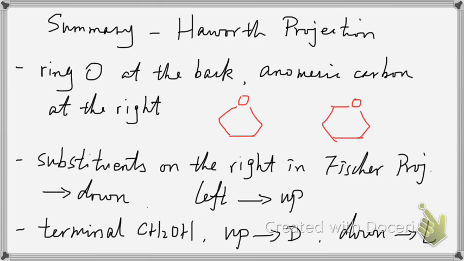So when that CH2OH is up, it tells you the sugar is a D sugar. And when that CH2OH is pointing down, that's actually for the L sugar.